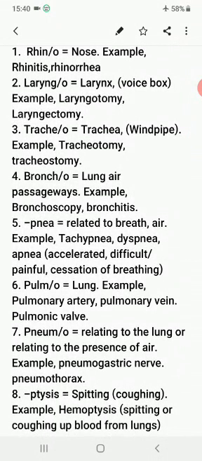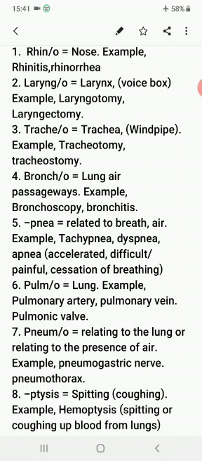Number 6, pulmo, lung. Example, we have pulmonary artery, the blood vessels that carry deoxygenated blood, venous blood, from the heart to the lungs.